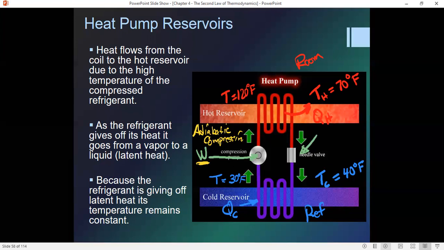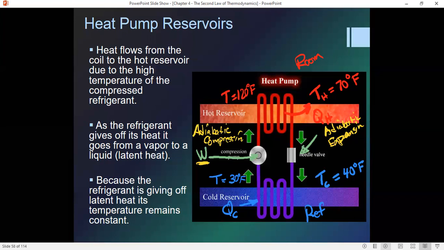But on the other side, we don't need anything. We have adiabatic expansion. It's just going to expand, and as it does so, it's going to cool down to its lower temperature. So it'll go back down and it'll be cold again.